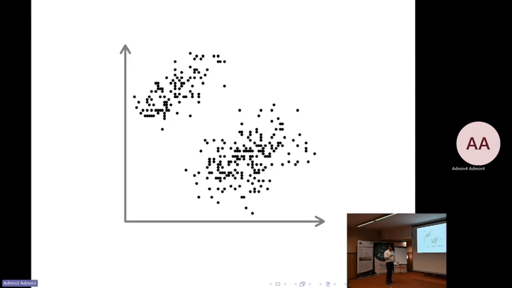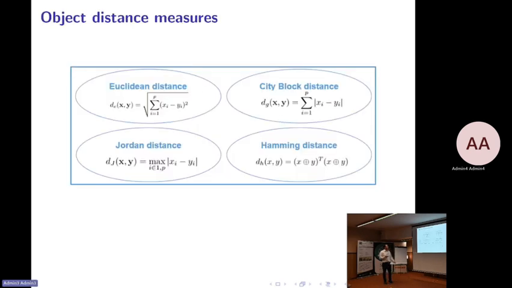And here are provided some commonly used distance measures for clustering. The most popular is Euclidean distance. It's often used in various applications. The city block distance, also known as Manhattan distance. Interpretation of this distance is very simple. It shows the horizontal and vertical moves required to reach one point from another.